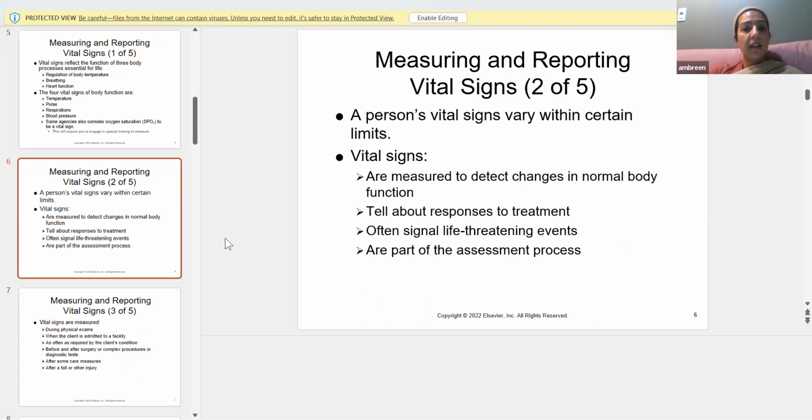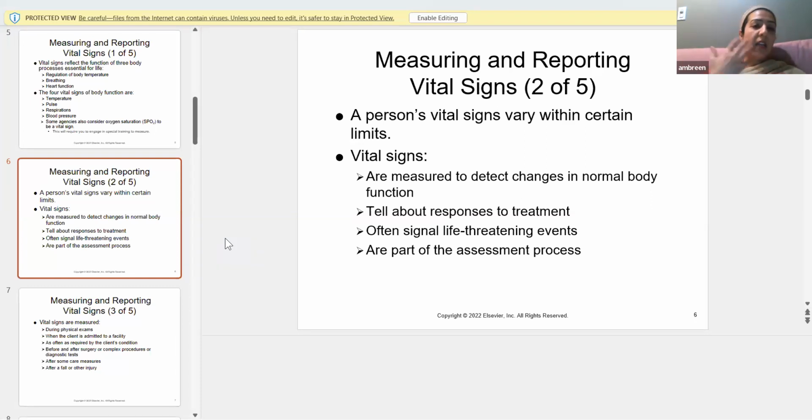A person's vital signs vary within certain limits. Every person has their own vital parameters. Generally we say blood pressure should be 110 to 120 over 80 to 90, but some people's blood pressure is always low. Myself, my blood pressure is always 90 over 60.